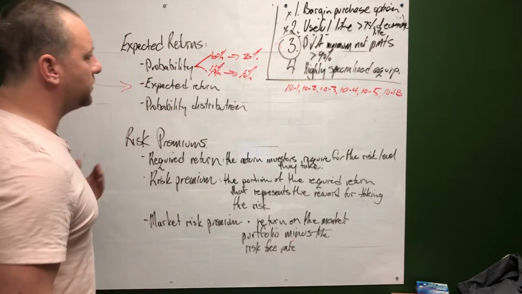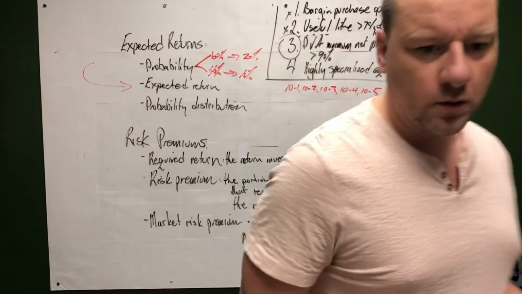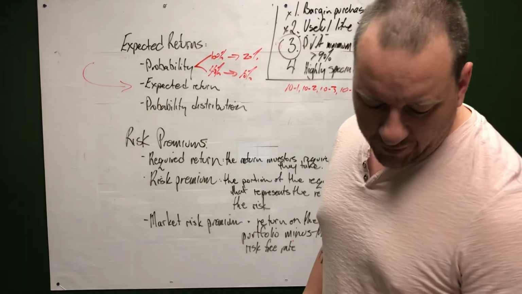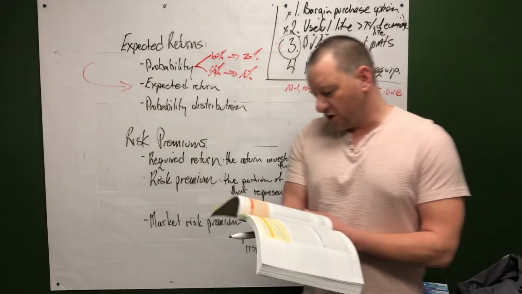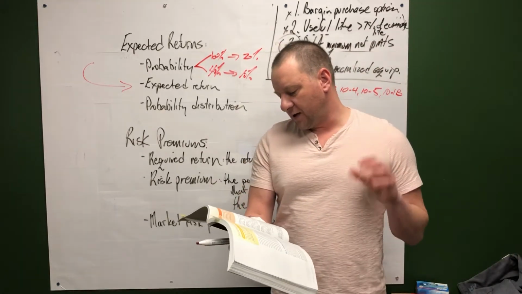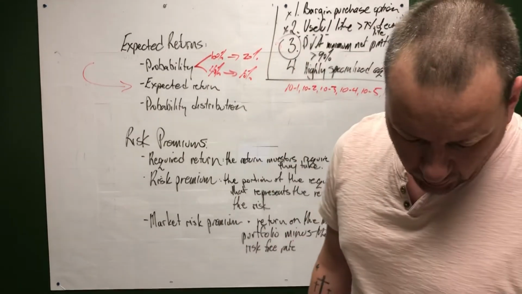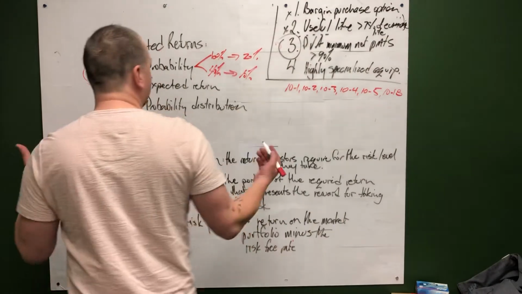Those are the probabilities. So what's the expected return? Looking at page 291, right out of the textbook, the expected return is the average of the possible returns weighted by the likelihood of those returns occurring. So how do we calculate this?